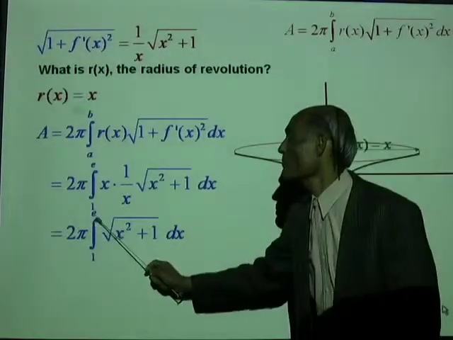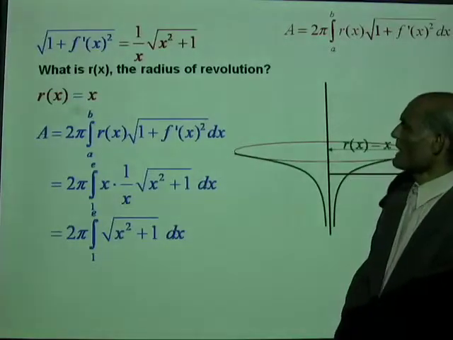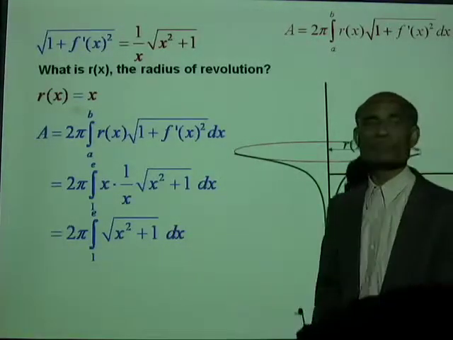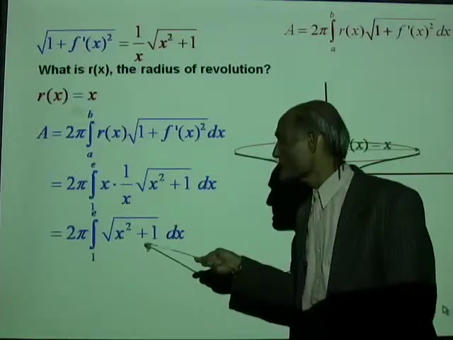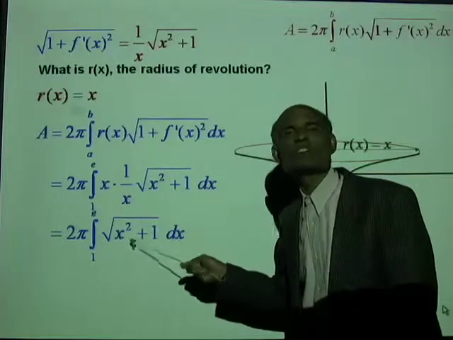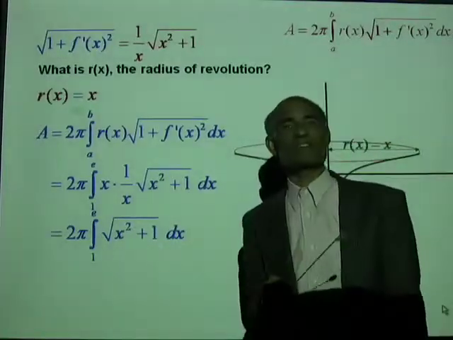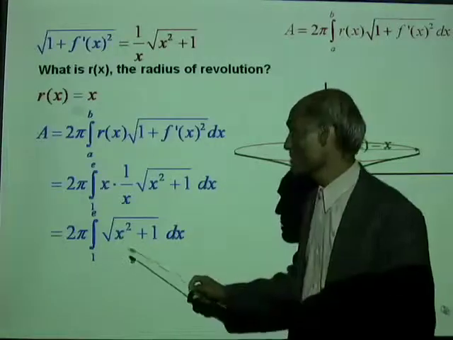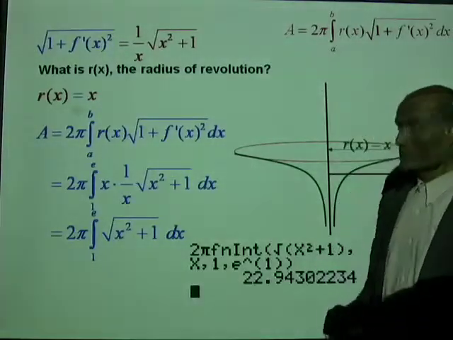And that will be 2 pi integral 1 to e square root x squared plus 1 dx. Well, we haven't actually developed a method to integrate this yet, but soon we will know how to integrate quantities like this. So until then, we are going to find the value of this on the calculator.